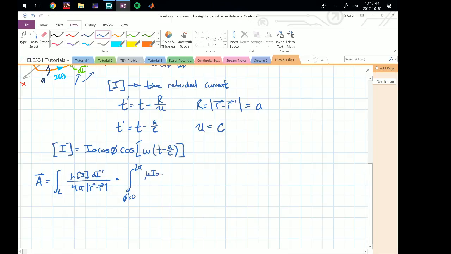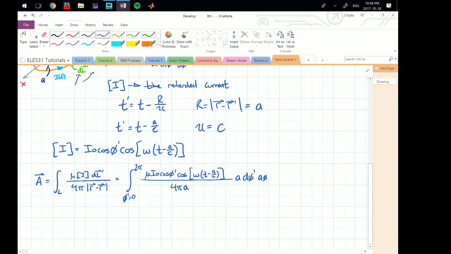Inside I have mu I naught cos phi prime, cos omega t minus a over c, and this will be over 4 pi times the magnitude of r minus r prime. Remember, I have a d phi prime a.